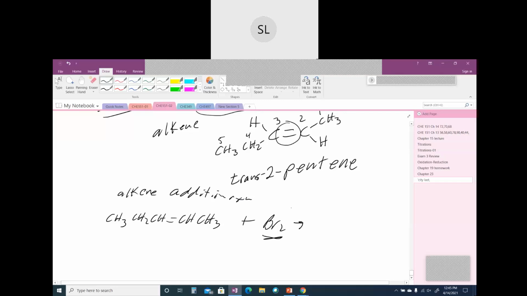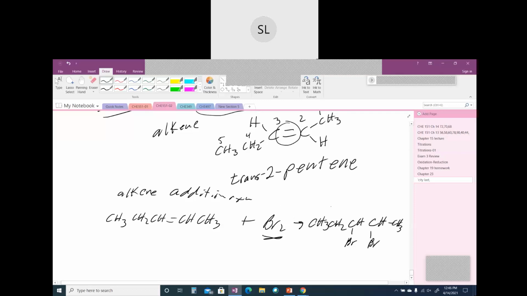It's not HBr or an H and OH. It is the same thing, and so each side of the double bond gets a Br. So CH3, CH2, then you've got a CH, Br goes here, then you've got a CH, and Br goes here, and then you have a CH3. So you did an addition reaction.